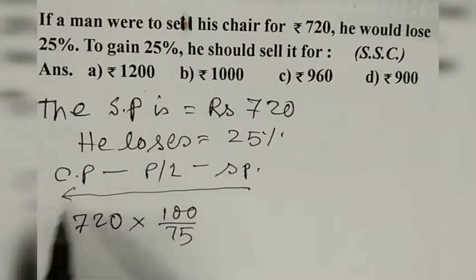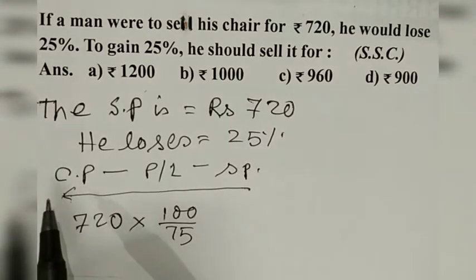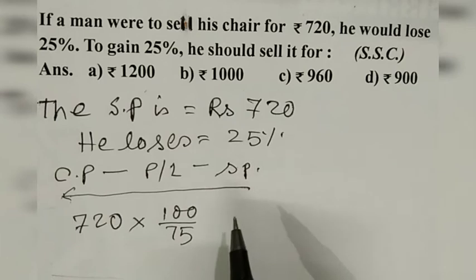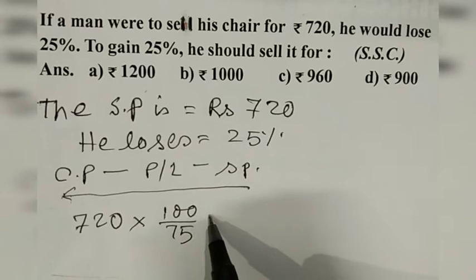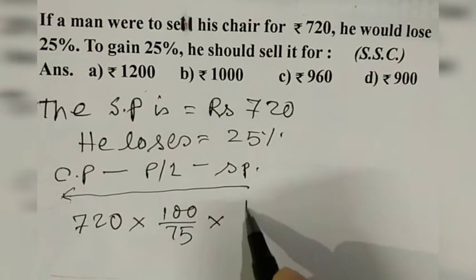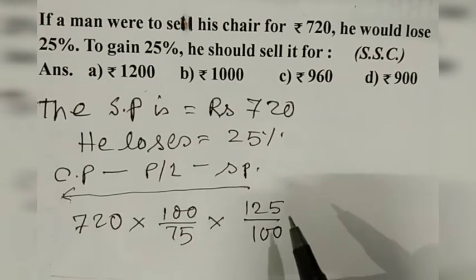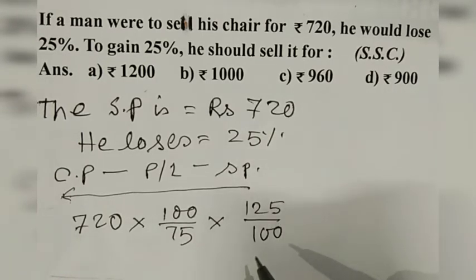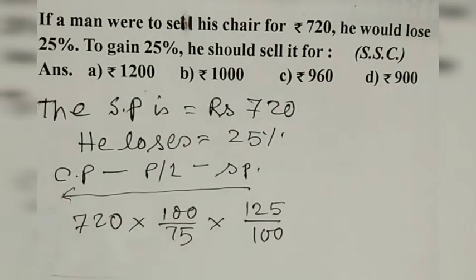Okay, this is our cost price. To gain 25%, then we have to go straight, means selling price to cost price to selling price. Then cost price will be multiplied by 125 by 100, not 100 by 125, in case of 25% profit. So this is our answer.